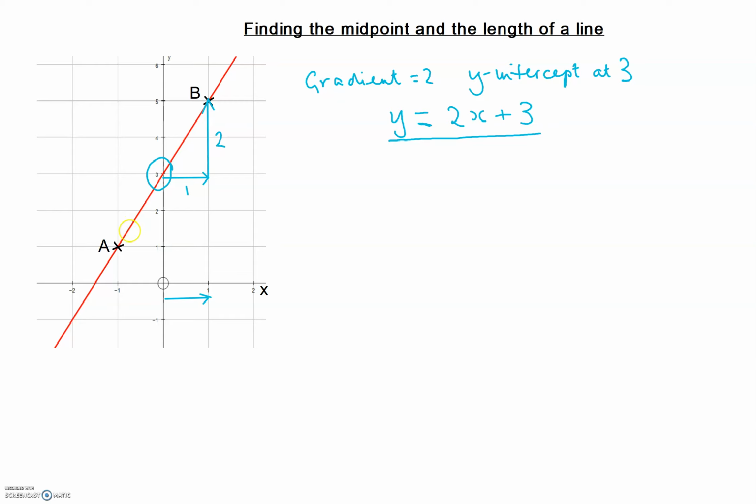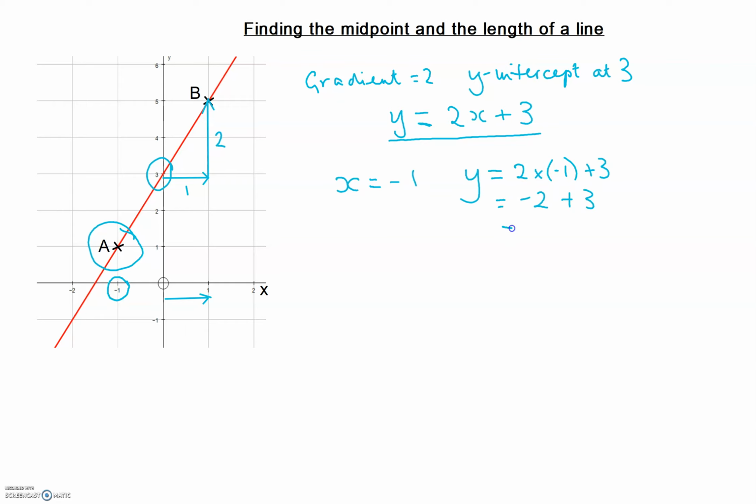So if we take the point at A, we can see that the x-coordinate is going to be -1 because it is sitting on x is -1. And if we put that into our rule of our line, y equals 2x, which is 2 times our -1 plus 3. 2 times -1 is -2.